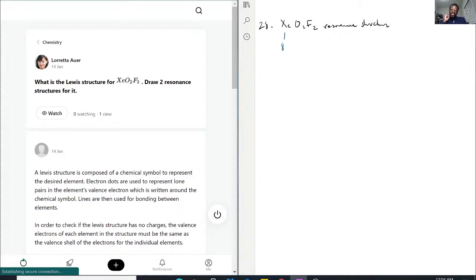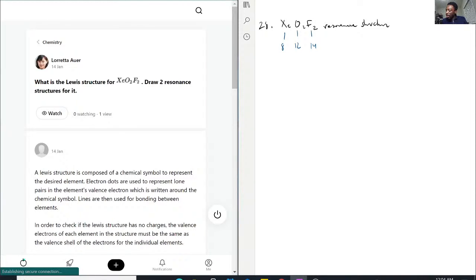Oxygen, okay, is on the 16th column, so that'd be 6 electrons that we're working with, and there's 2 of them. Fluorine, same idea, there's 2 of them, but it's from the 17th column. So oxygen, that's 6 electrons times 2, that's 12. Fluorine, that's 7 electrons times 2, that's 14. There we go, much more sense.